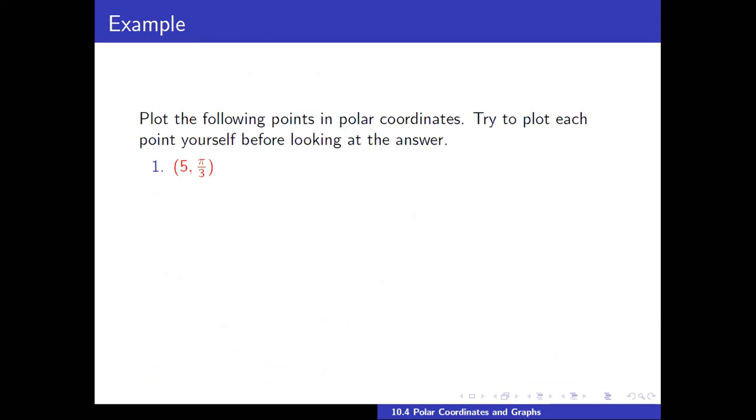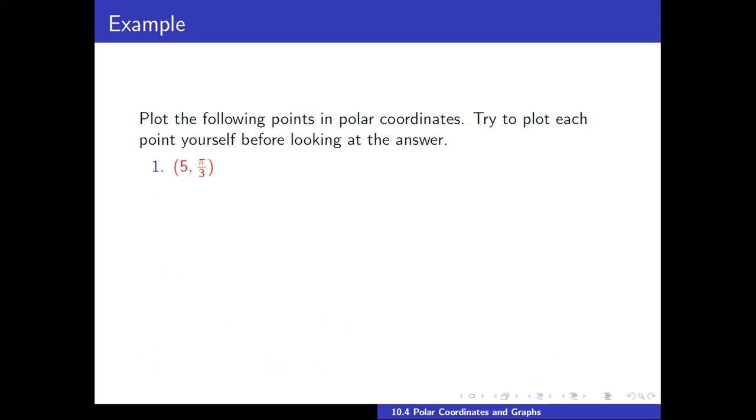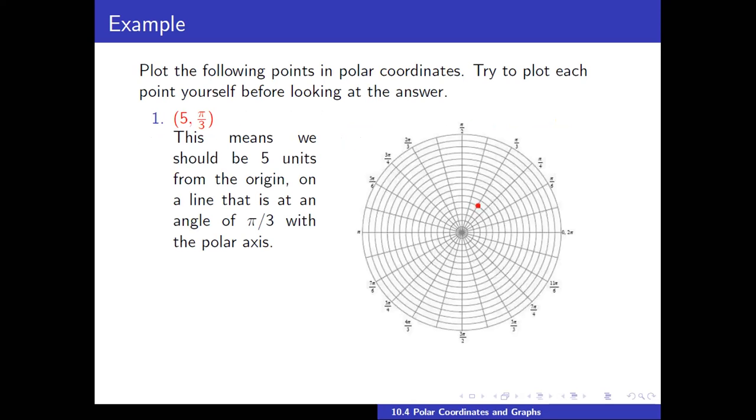Okay, plot the following points in polar coordinates. Okay, 5, comma, pi over 3. That means how far away from the pole are we? 5. And what's the angle made with the polar axis? Pi over 3. Okay. So here's how that looks.